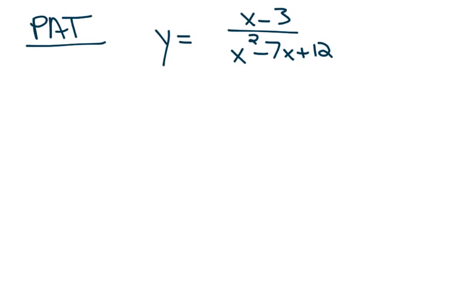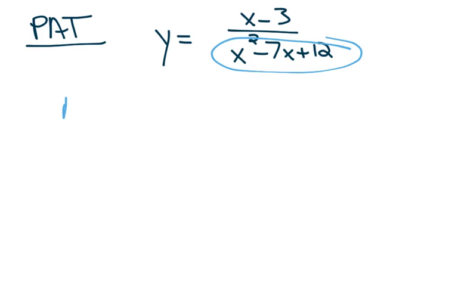The last problem is the performance assessment task. The one here is very similar to the one on the test. You're given the equation y equals (x minus 3) over (x squared minus 7x plus 12), and you want to first identify the domain of the function.